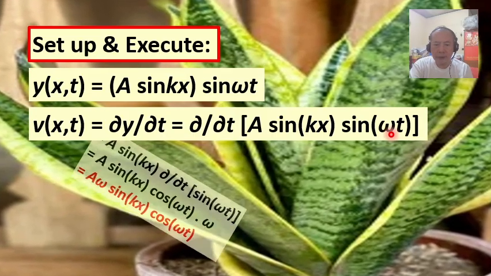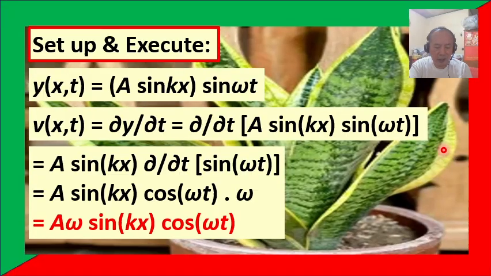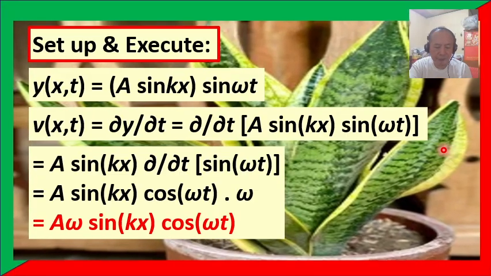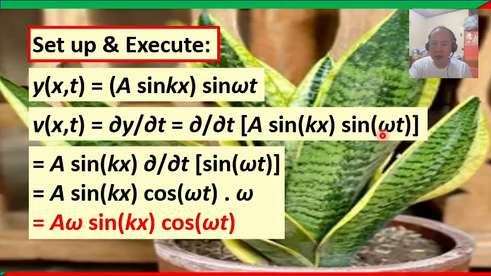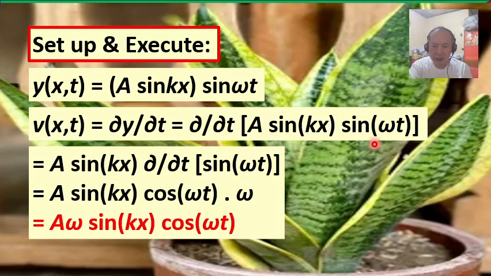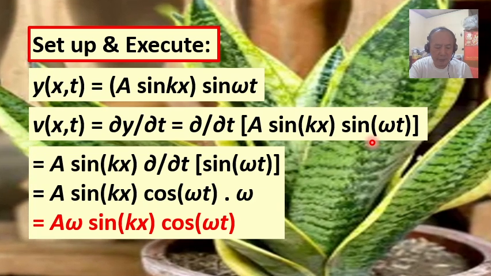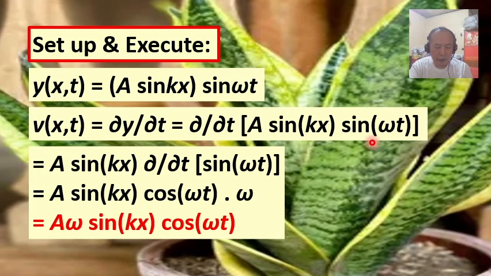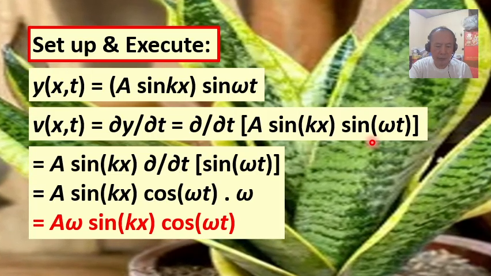And in differentiating sine omega t, we need what we call the chain rule.